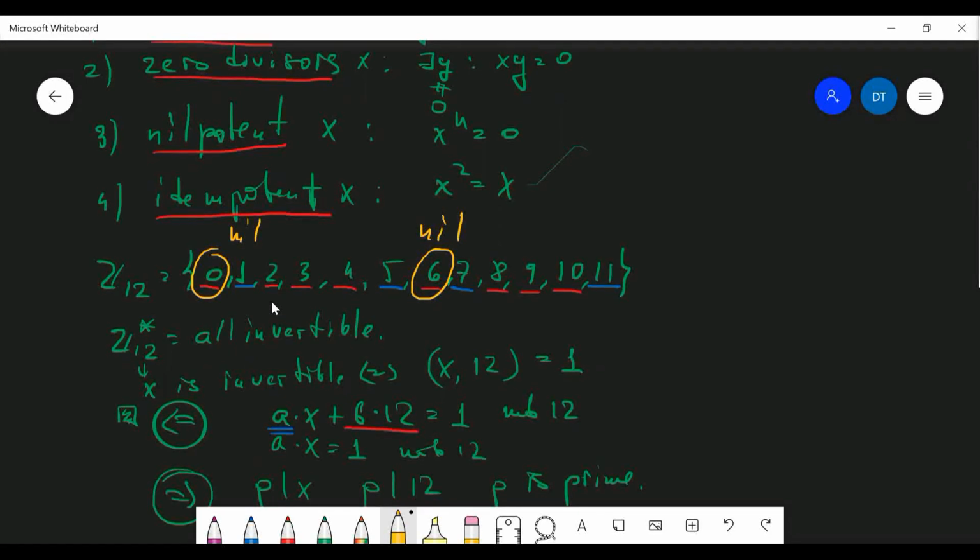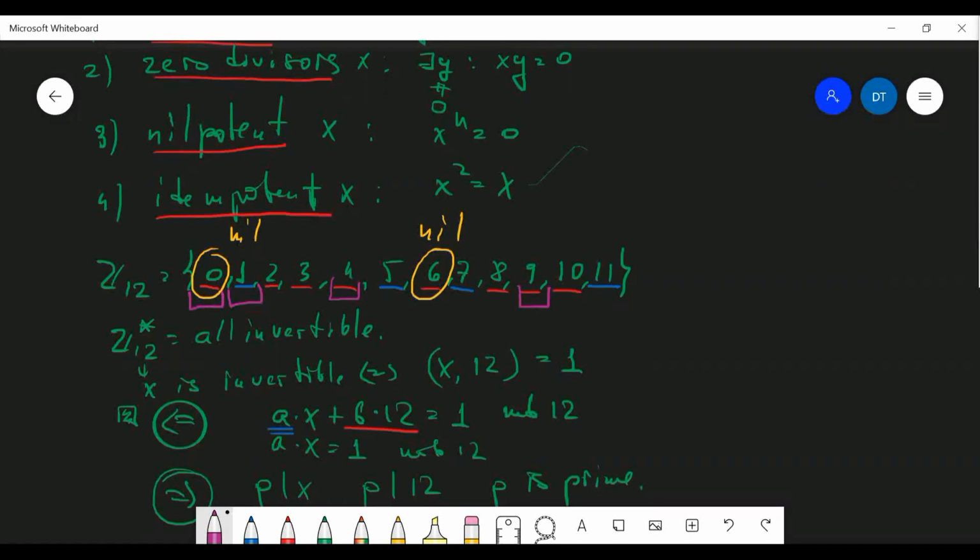And let me tell you which elements are idempotents. First of all, the 0 element, the 1 element. These are always idempotents. And also you have 4 and 9. You may check, if you multiply 4 by 4, it will be 16, and 16 is 4 modulo 12. If you multiply 9 by 9, it's 81, and it's also 9 modulo 12, because if you multiply 6 by 12 and subtract from 81, you will get 9.